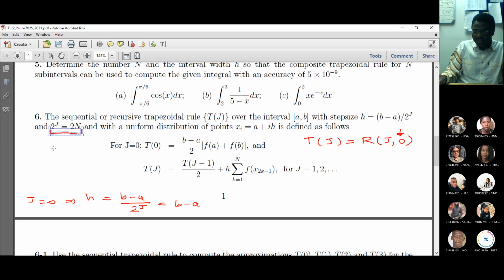If you solve this, it gives you that n is 2 to the j minus 1. Like this.